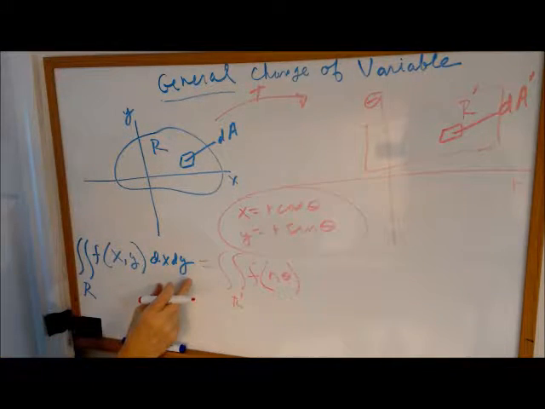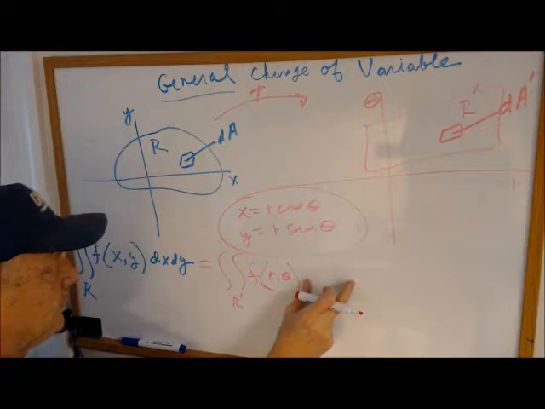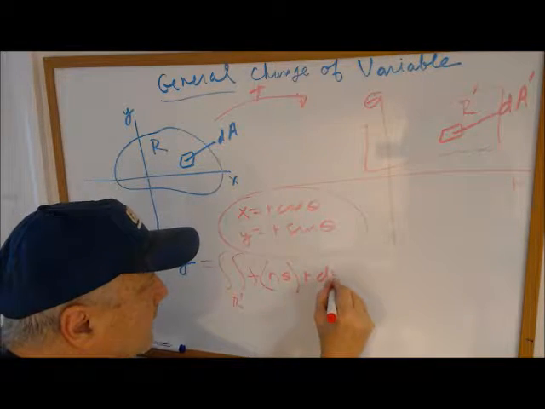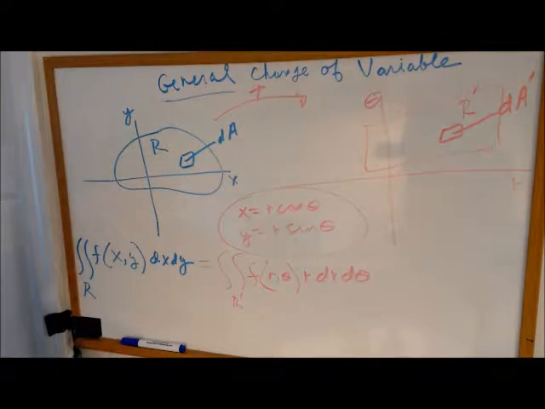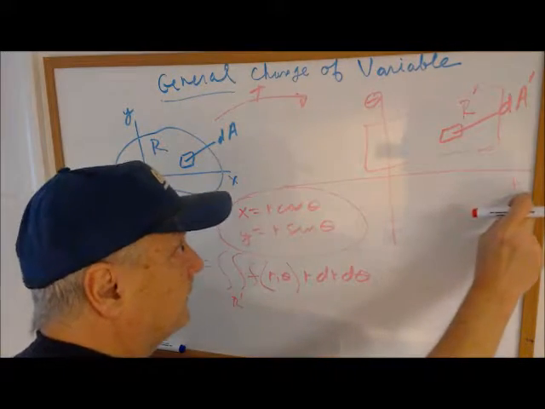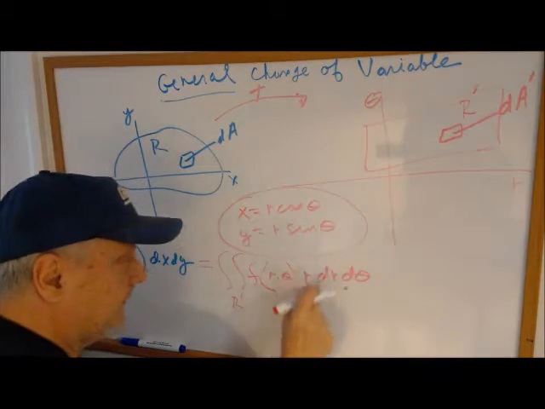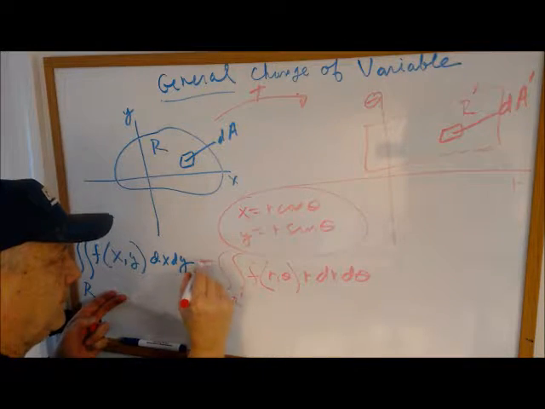Alright? And we saw in the previous lecture that dx dy turns into r dr d theta. Alright, so dr d theta correspond to a change in r and a change in theta. And this is the scaling factor that makes this work, makes this an equality.